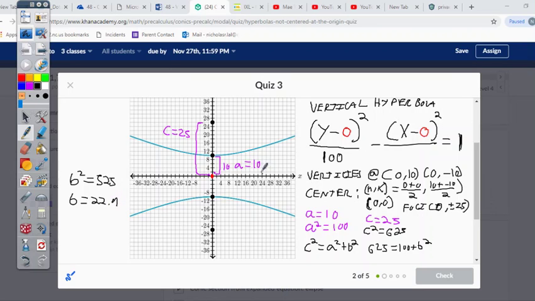If we really wanted to, we could draw our vertices here, our co-vertices here.